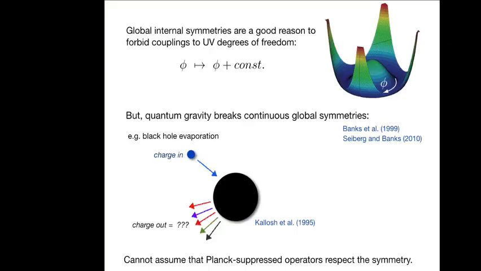The problem is that here we're trying to formulate this theory in quantum gravity, and so there's a law that quantum gravity doesn't like continuous global symmetries. There are certain thought experiments that you can do about the evaporation of black holes that violate those continuous global charges.